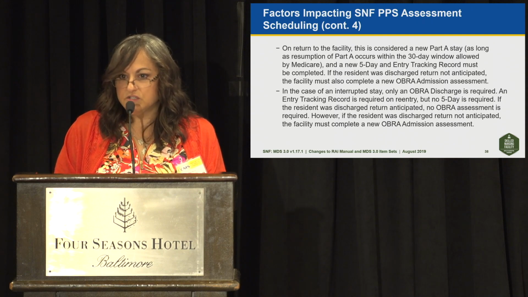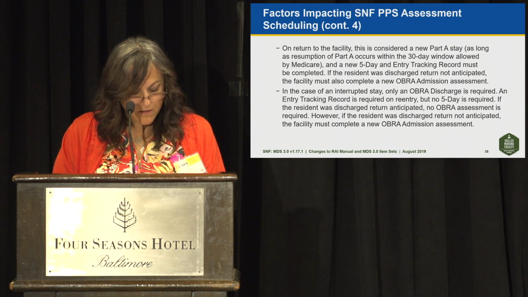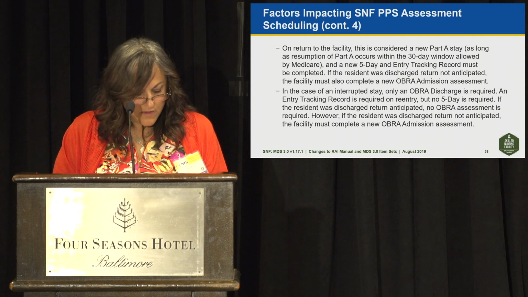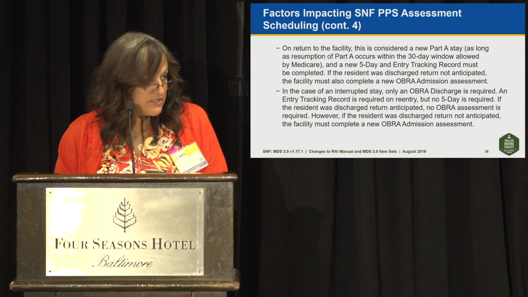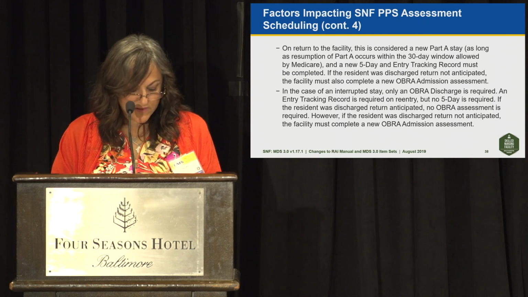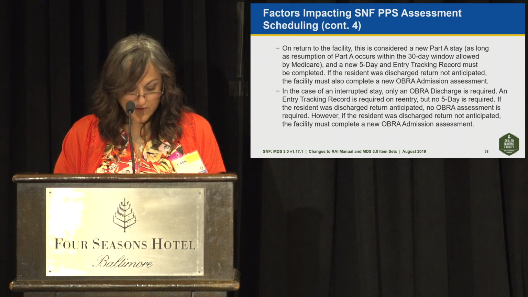So when somebody gets discharged, you're still going to have to do an OBRA discharge where it applies, and an OBRA admission when they come back, if it applies. However, in cases of an interrupted stay, that is, if the resident is discharged from Part A, left the facility, and returned to resume Part A within that 3-day interruption window, only the OBRA discharge would be required.